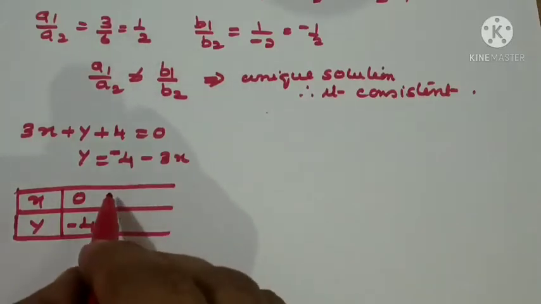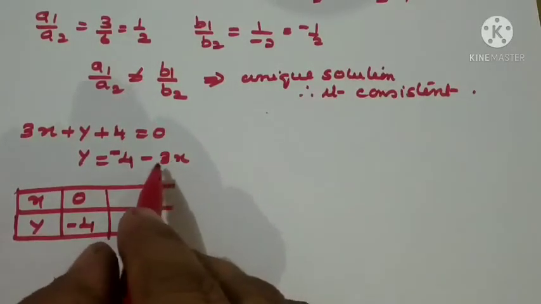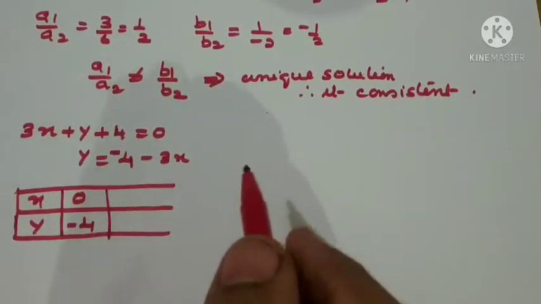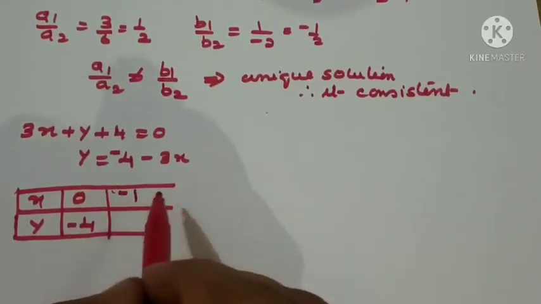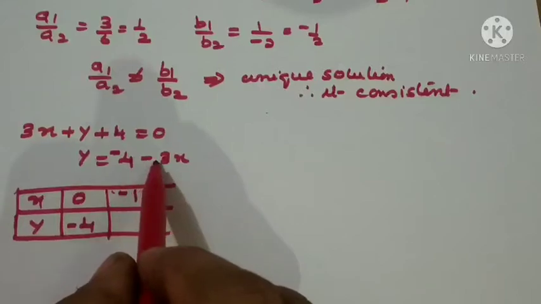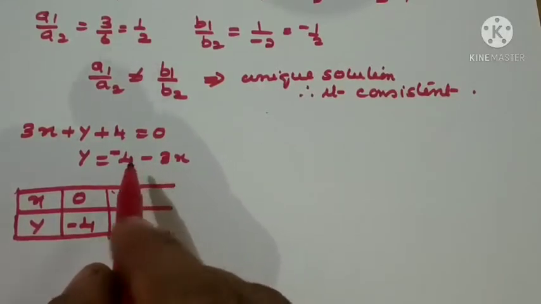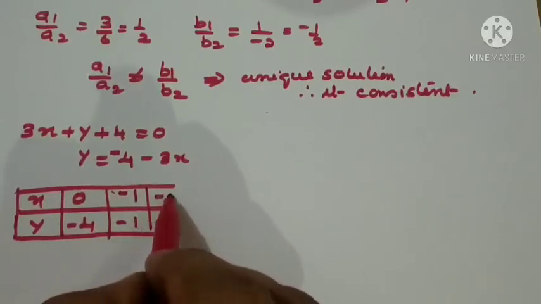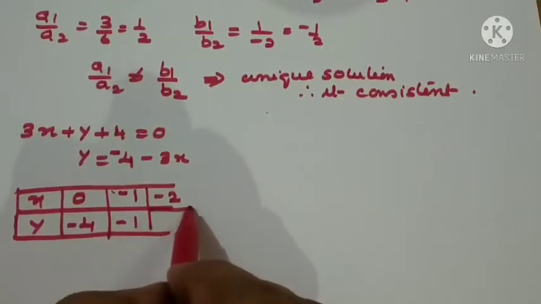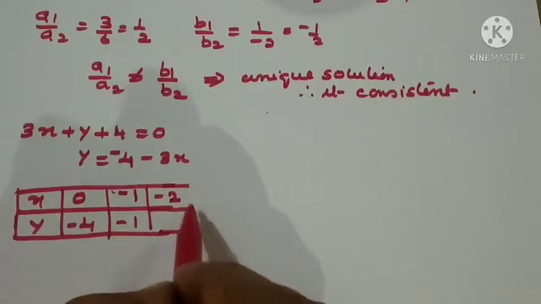When y equal to 0, we will get a fraction, so we'll go for another number. When x is minus 1, minus 3 times minus 1 is plus 3, so we get y equal to minus 1. Again another value, minus 2, we will take, so y is 2.